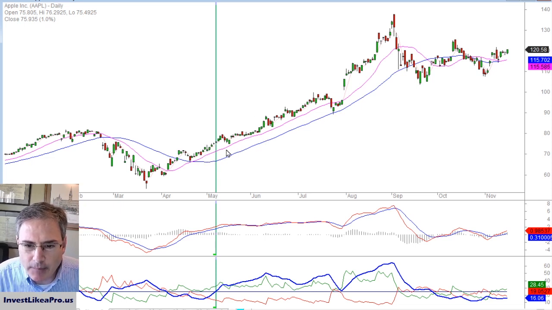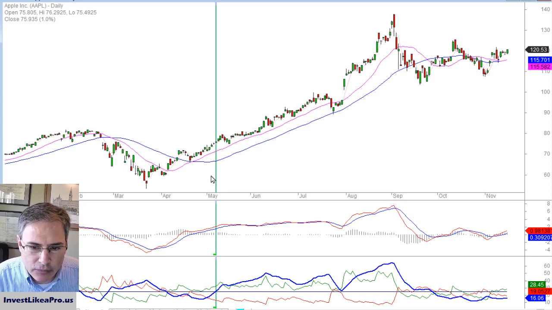One thing I've mentioned over and over in prior videos is that if the 18 is above the 40 and both lines are rising, you're getting confirmation that you're in a solid trend. That's right about where the 40 starts to rise, and that's where we get confirmation on an ADX basis.